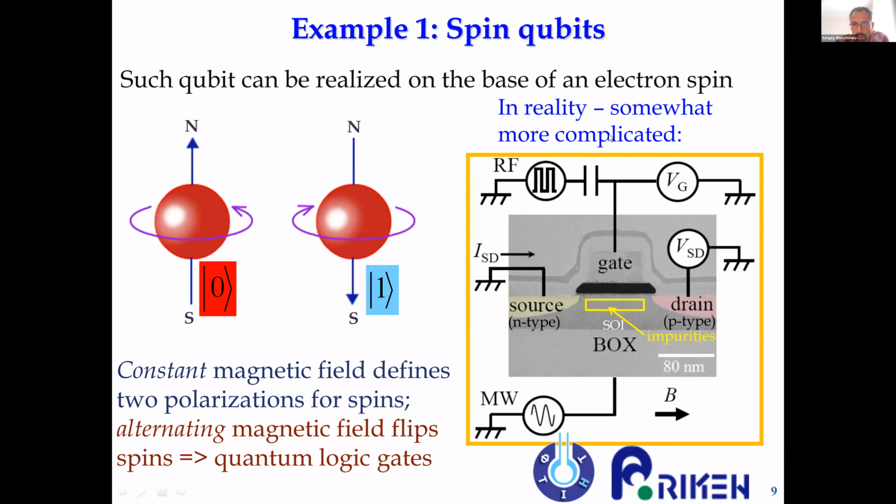In reality, of course, these are somewhat more complicated. Here's an example. The spin qubit is based on an impurity in a field effect transistor.